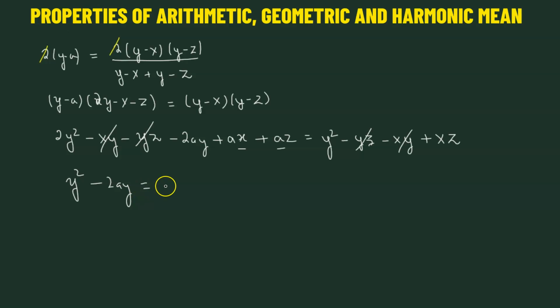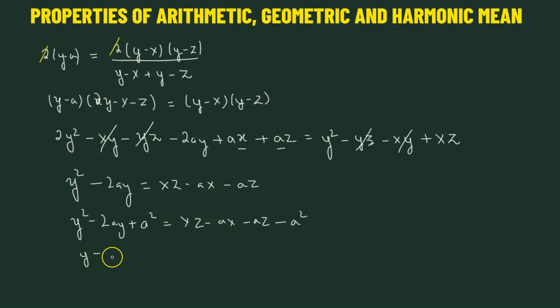So we have xz minus ax minus az. Now what we'll do, we will add a squared to both sides. So we have xz minus ax minus az plus a squared. So this is the expansion of y minus a whole squared.